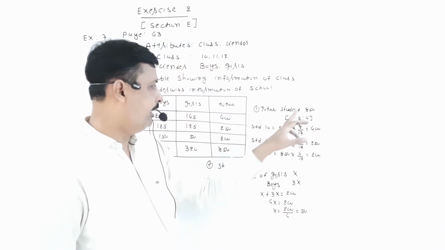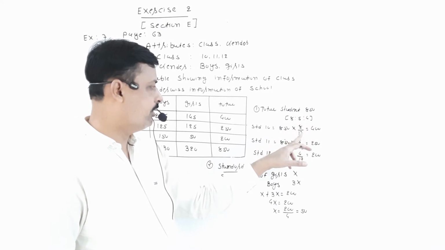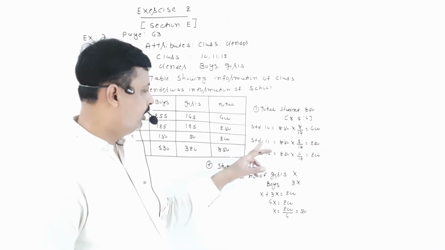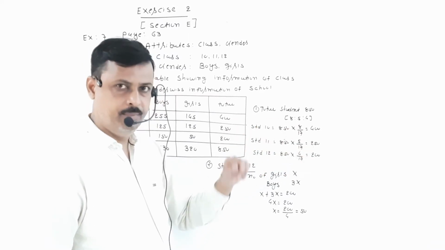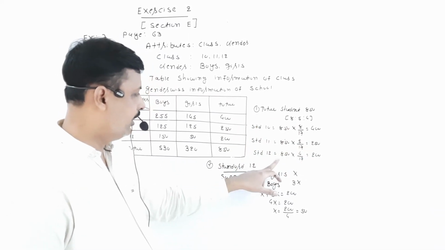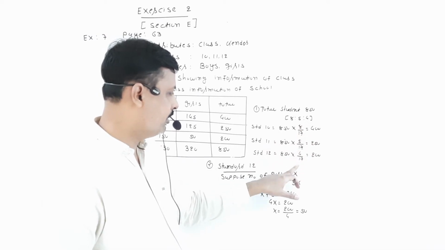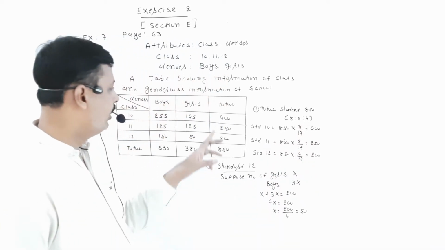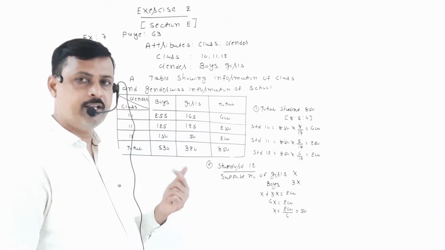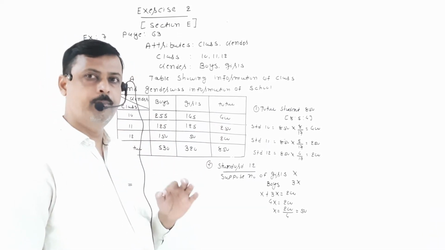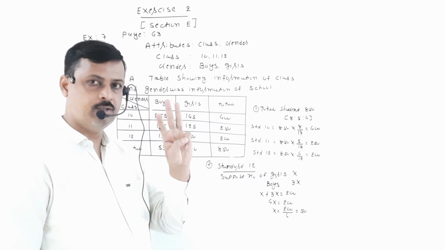So standard 10, 850 into 8 upon 17, 400. Standard 11, 850 into 5 upon 17, 250. Standard 12, 850 into 4 upon 17, 200. 400, 250, 200. And in standard 10, number of boys 30%.